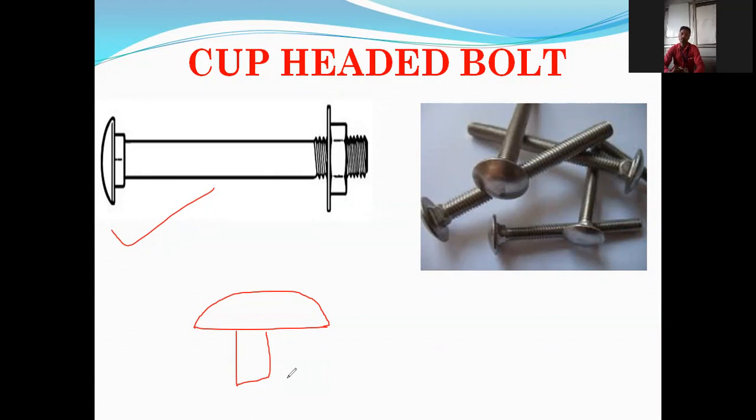That is the aim. If the bolt head came above the surface, would you be able to write in your notebook? It may not be possible. That's why the aim of the cup-headed bolt is that the head of the bolt should not come above the surface. And why is it called cup-headed bolt? Because its head is something like a cup.